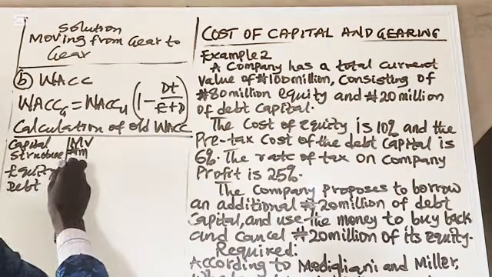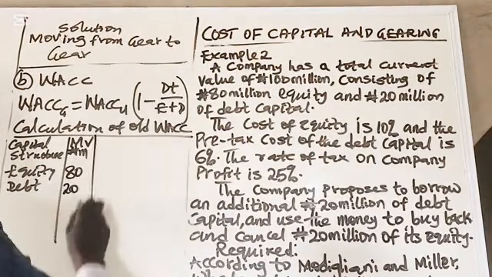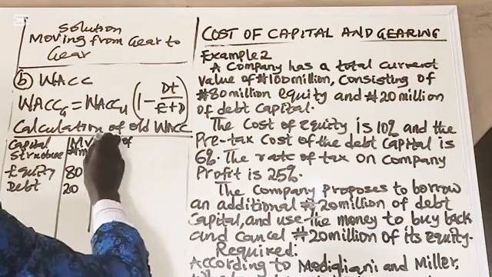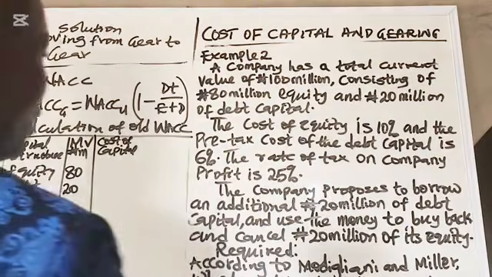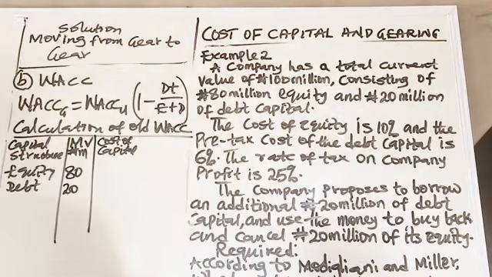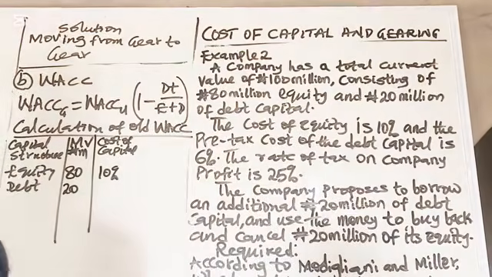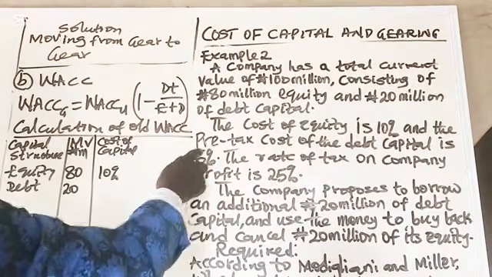The market value of equity is 80 million, and that of debt is 20 million. The cost of capital you were given: the cost of equity is 10%, and the pre-tax cost of debt is 6%.